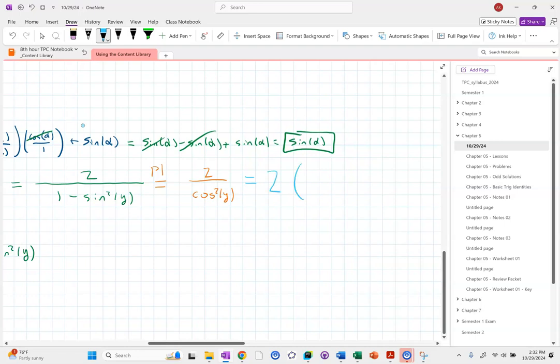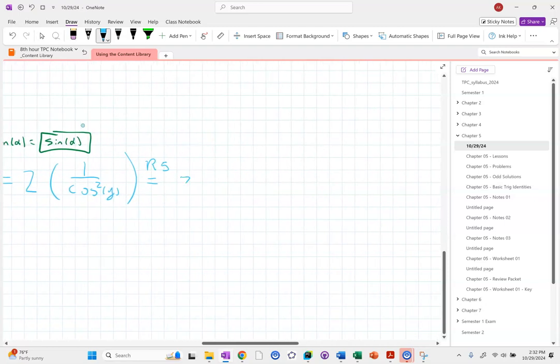Let's think about it this way. Yes. So 1 over cosine squared is just secant squared. And you're done.